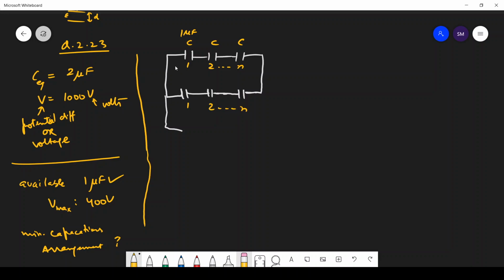But how many of them are connected? This combination of n capacitors in each series. So how many series of this kind are there? This is the first series, this is the second series, and let there be m series in total.